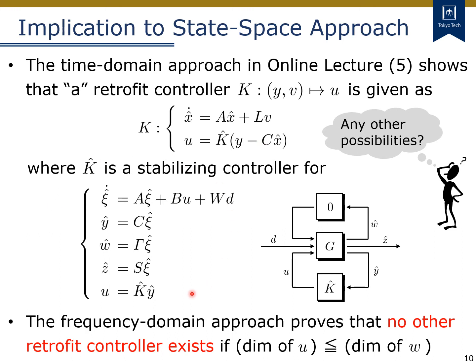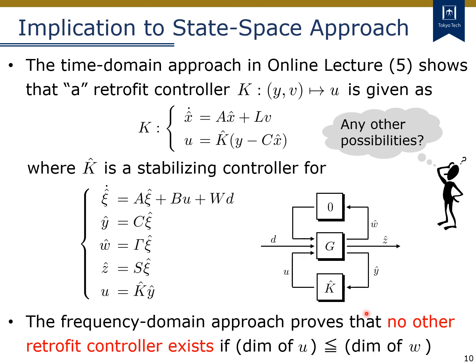This simply means that K hat is a stabilizing controller for the isolated subsystem G, like this figure. In fact, the derived retrofit controller is identical both in this time domain approach and the frequency domain approach.